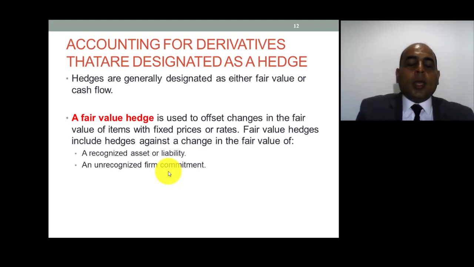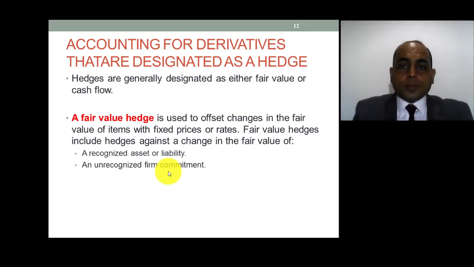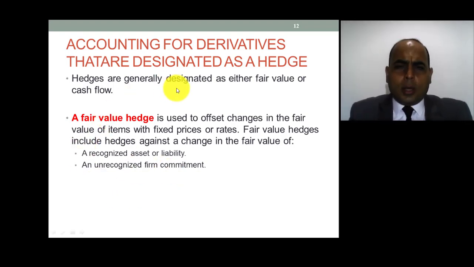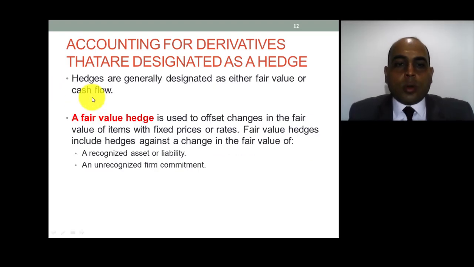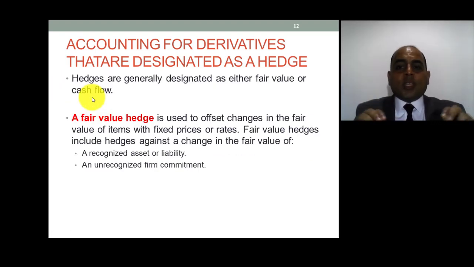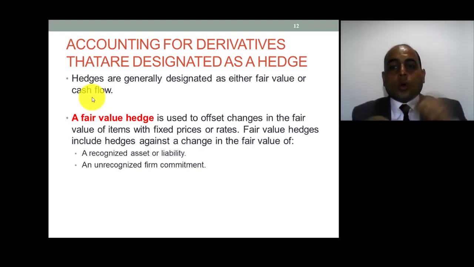But before that, let us talk about fair value hedge and cash flow hedge. What is a fair value hedge and a cash flow hedge? We use a fair value hedge to offset a change in the fair value of an item with fixed prices or rates.